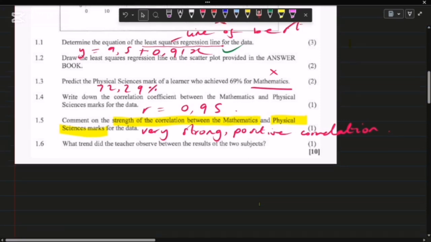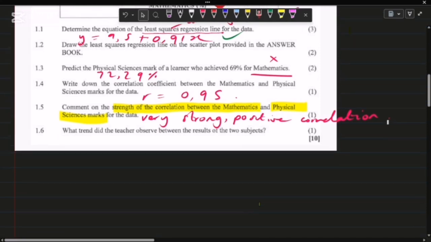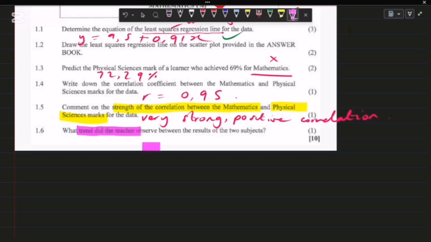This is our answer. And then 1.6, they ask us, what trend did the teacher observe between the results of the two subjects?